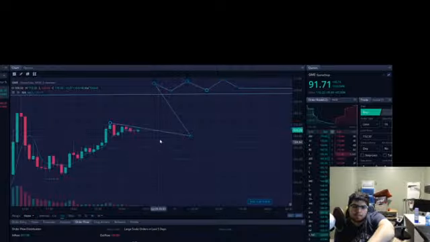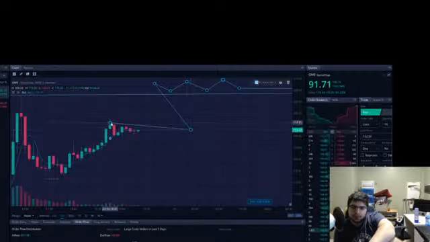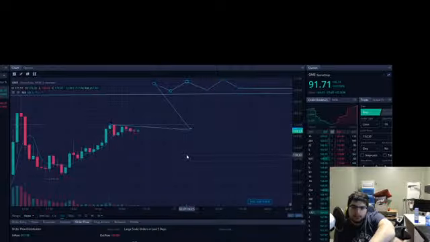But maybe. Well, this is not supposed to be a triangle, really. This is supposed to be a wedge. Be a cup and handle.